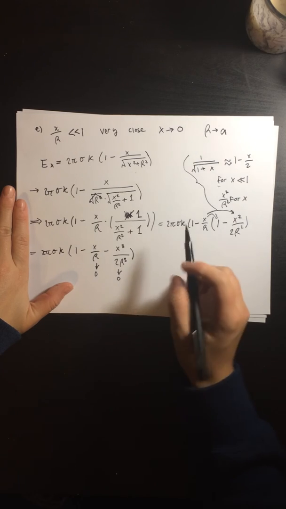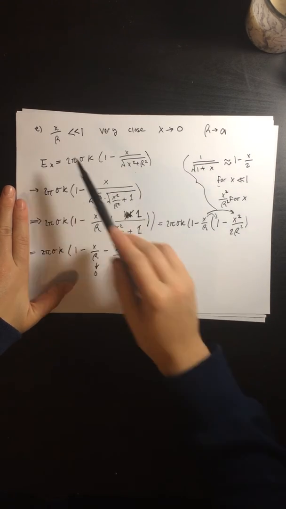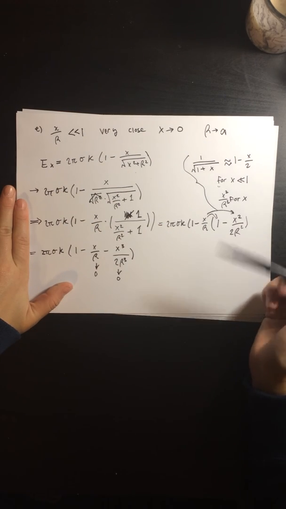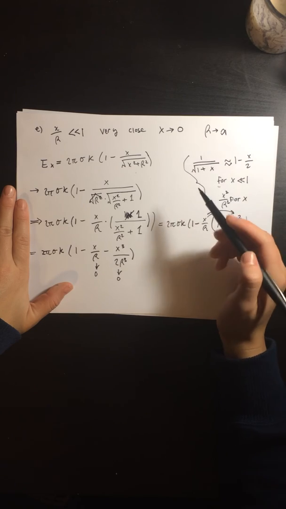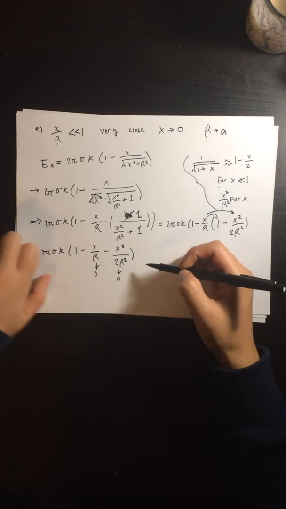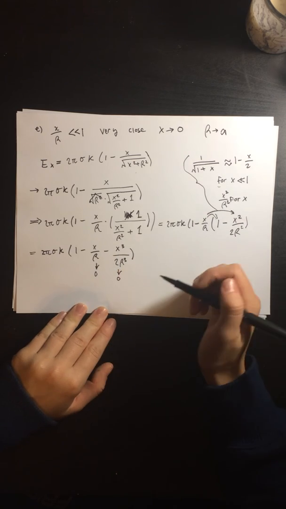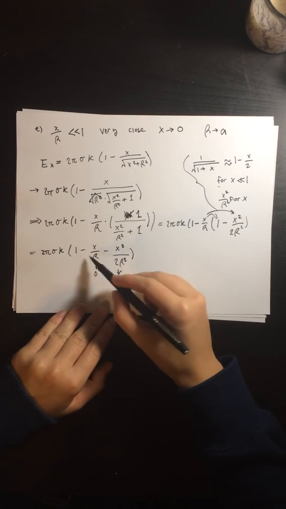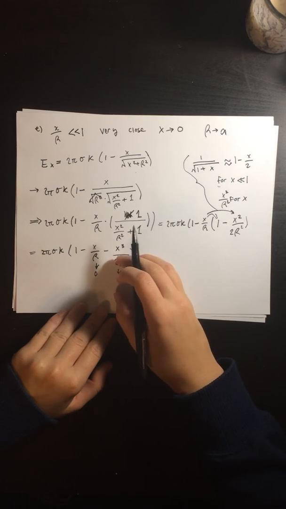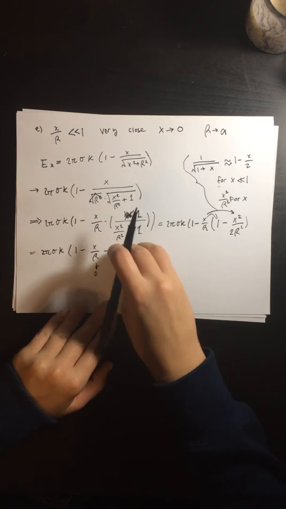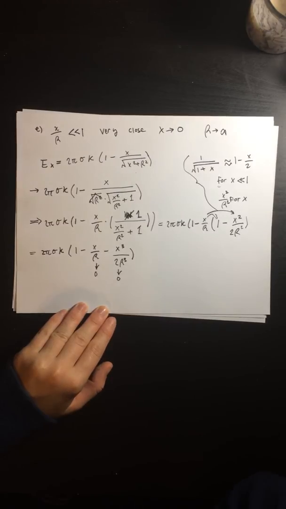These both go to 0. Why? Because x is much, much less than 1 and r is approaching infinity. So both of these expressions are going to go to 0 because they're so, so small and you're approaching 0.